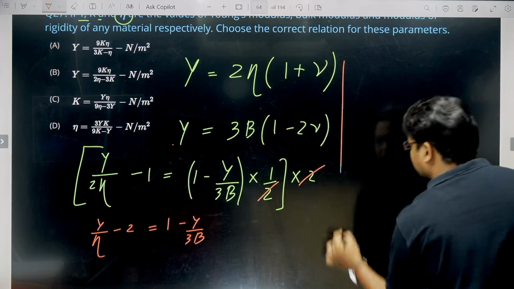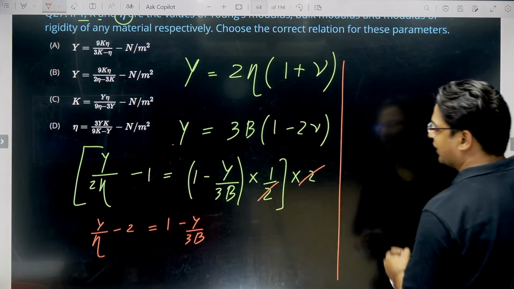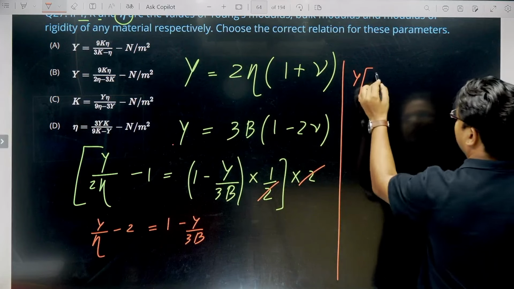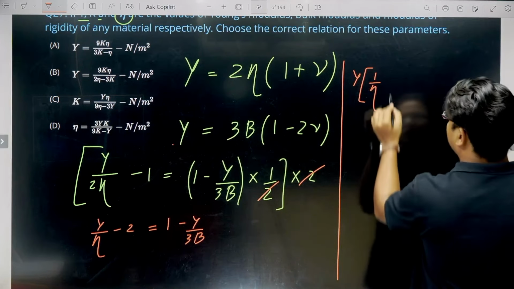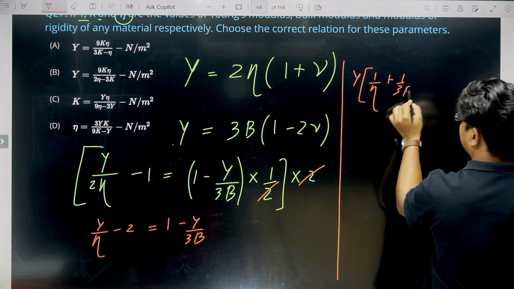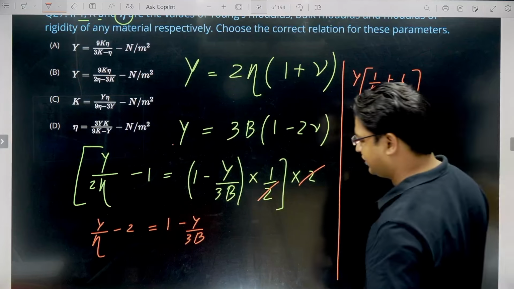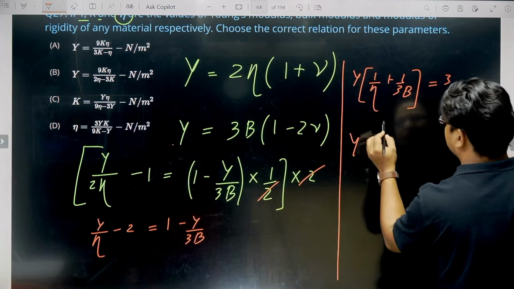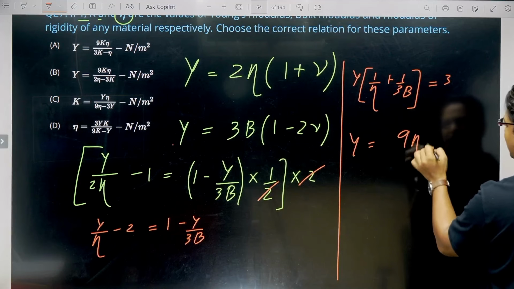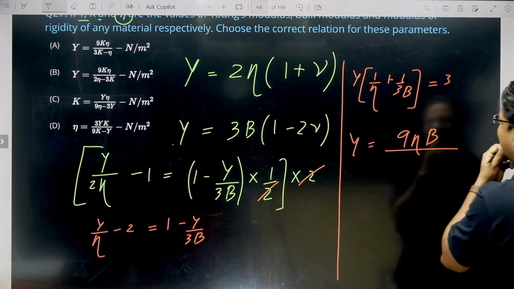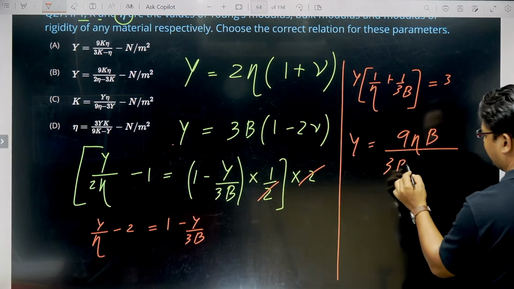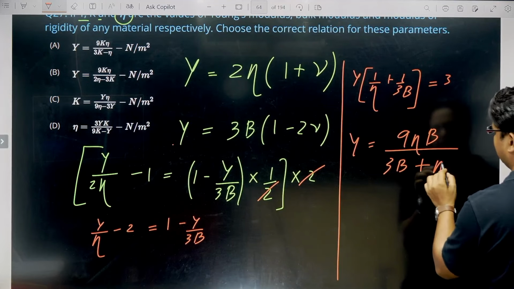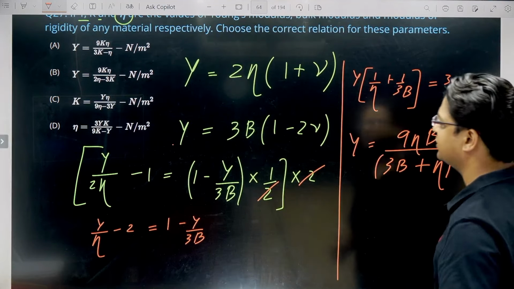So Y equals 1 upon eta plus 1 upon 3B equals 3. I can rearrange to get Y equal to 9 eta B divided by 3 times B plus eta. So let's see if we have an option like this.